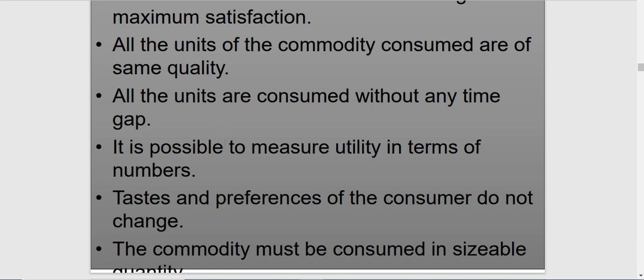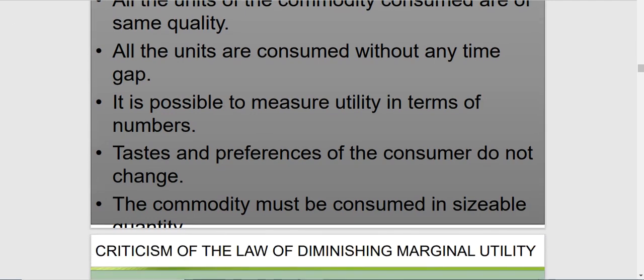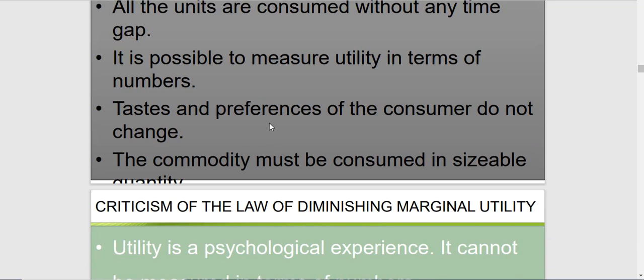The next one is that it is possible to measure utility in terms of numbers. So it is not that we cannot measure utility. We have to measure utility with the help of numerical figures. Only then will we be able to understand the concept. Then, the tastes and preferences of the consumers do not change. If he likes apples and wants to purchase apples, then he is not going to replace them with oranges.